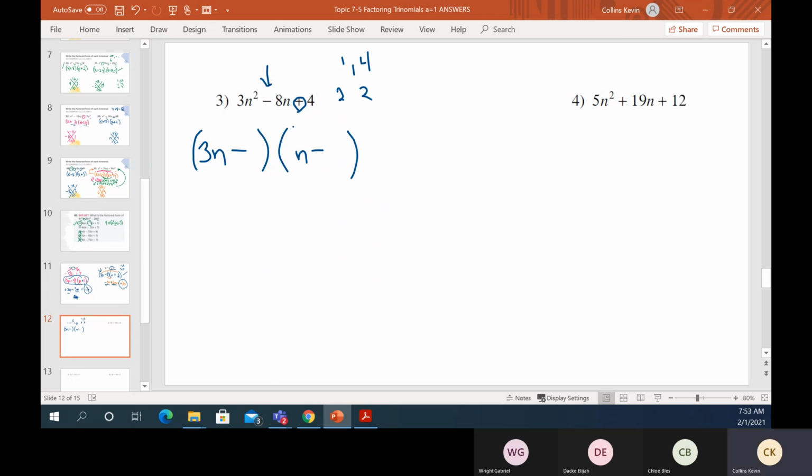Should we try 1 and 4, or should we try 2 and 2? 2 and 2. That's a good bet, because normally with these, the less extreme values, usually try those first. It doesn't always work, but usually try those first, particularly since this number is big, but it's not huge, right? So let's do the 2's. We got 2 and 2.